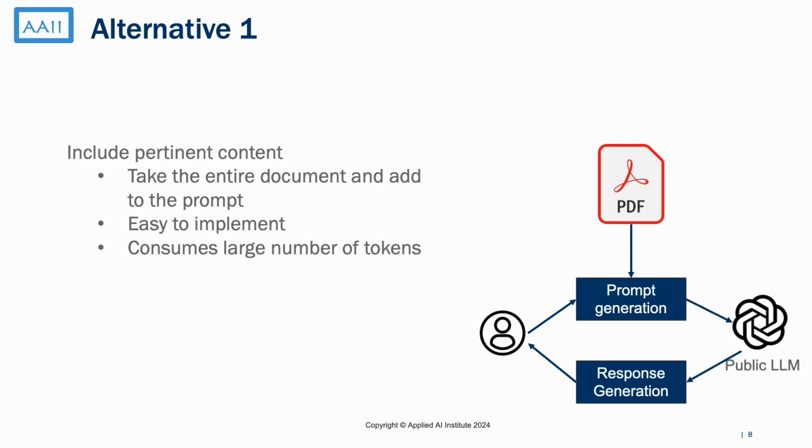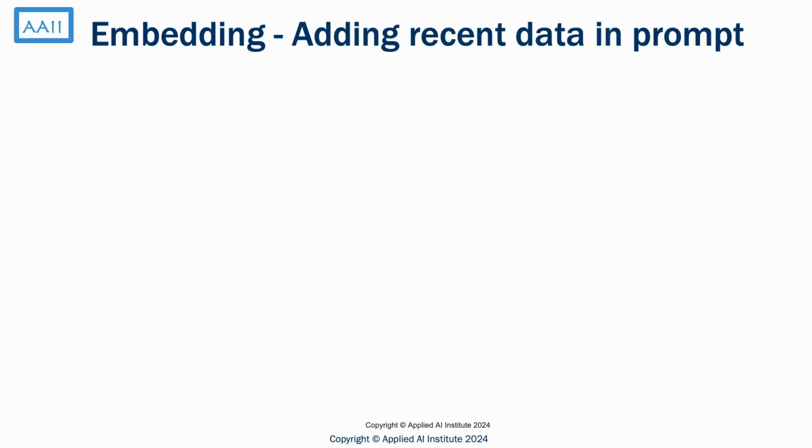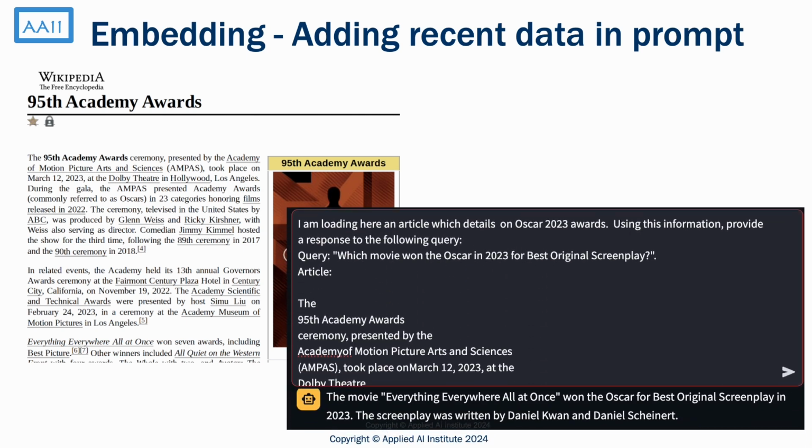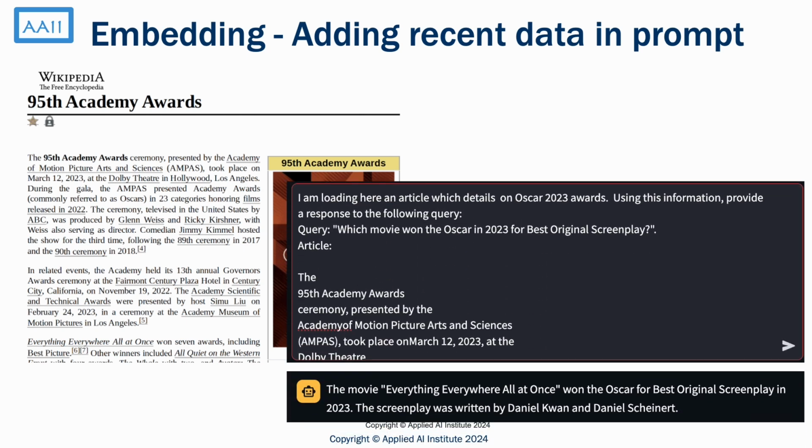Alternative 2, we could achieve this by incorporating information in a prompt. For example, suppose we have an article containing information about the Oscar winning screenplays from 2022 and 2023, which we found on the Oscar websites. If we ask a question like, "I would like to see a movie that won the Oscar for Best Adapted Screenplay in 2022," and also inquire, "Why is it called an adapted screenplay?", a question not addressed in the article but within GPT's original knowledge base, embedding can help us combine the two sources of information.